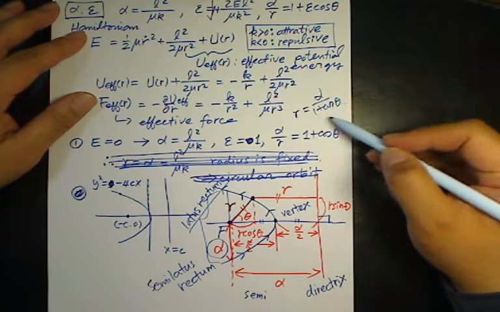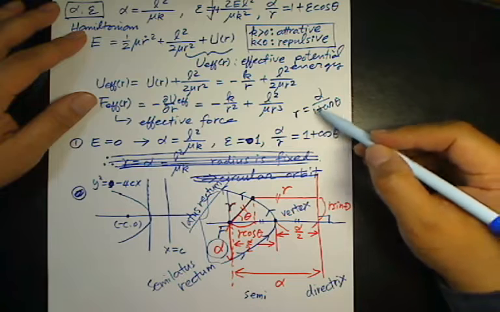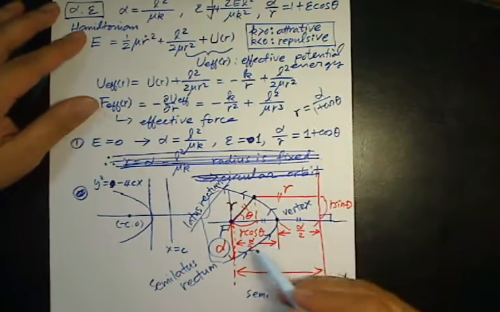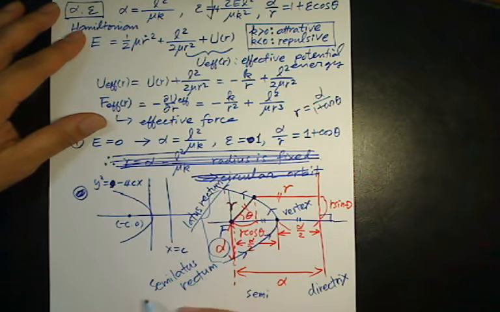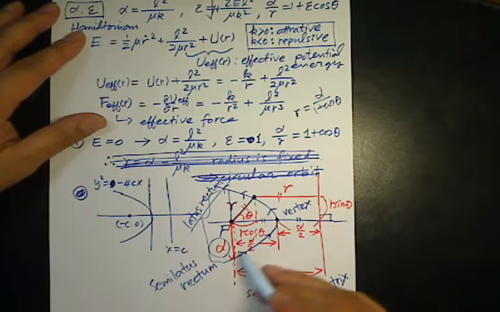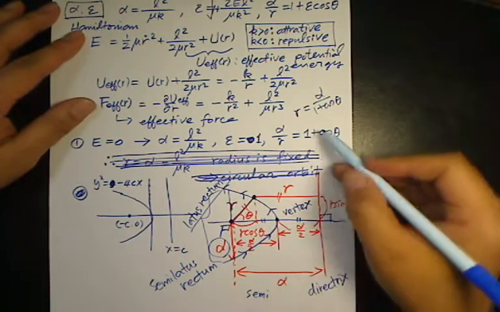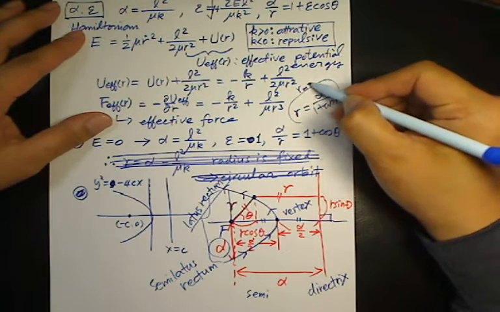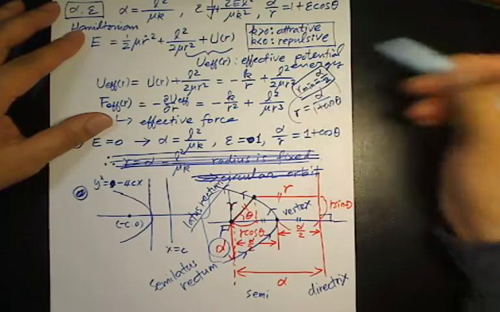When theta equals plus or minus pi, the cosine becomes -1, so the denominator becomes 0, and r goes to infinity. So the parabolic curve comes from infinity and goes to infinity. And this is the minimum value of r. Because of this, r min equals half of alpha. Okay?